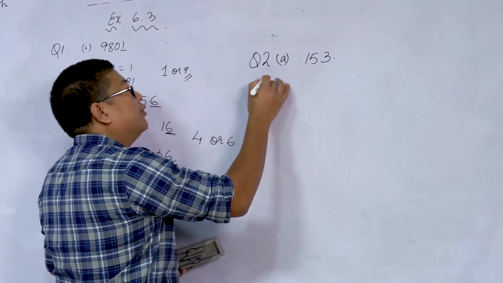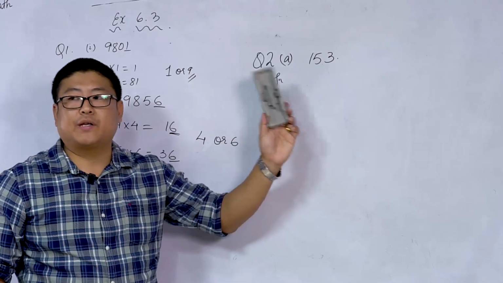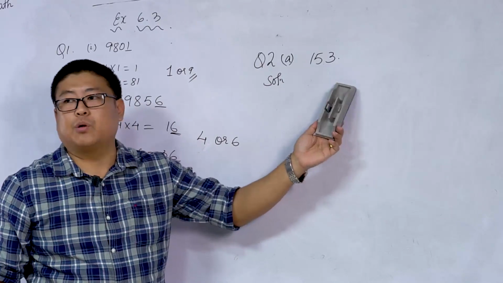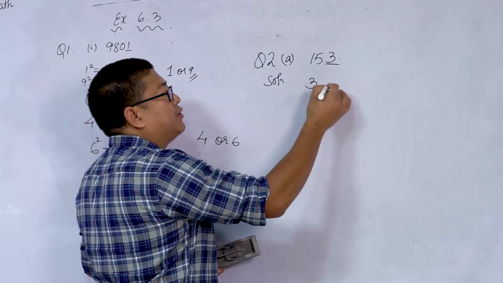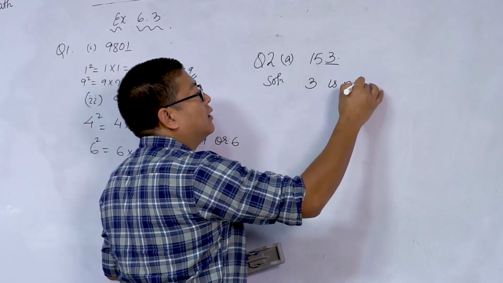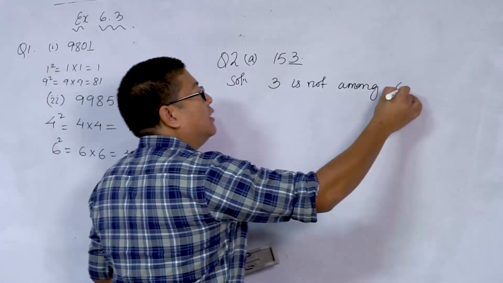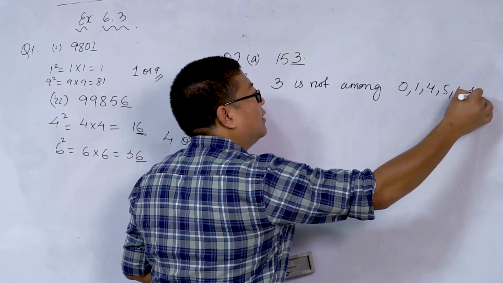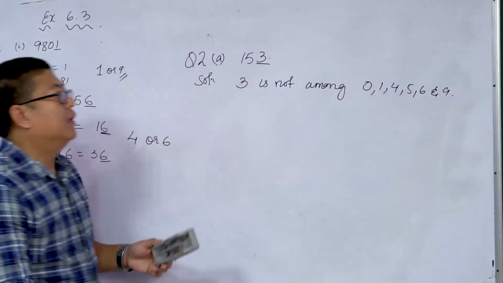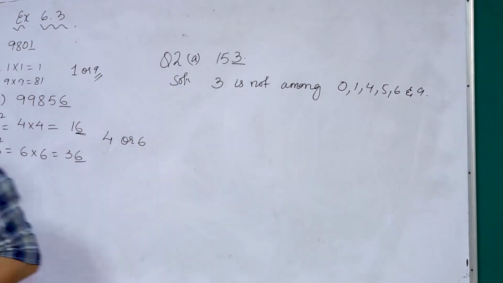So this is not a perfect square. Why? Because in the unit place we have 3, and 3 is not among the digits we have already discussed: 0, 1, 4, 5, 6 and 9. So this cannot be a perfect square.